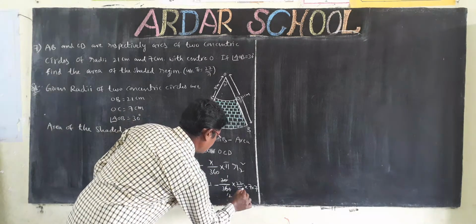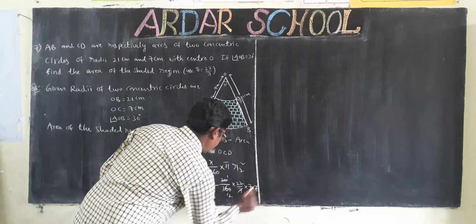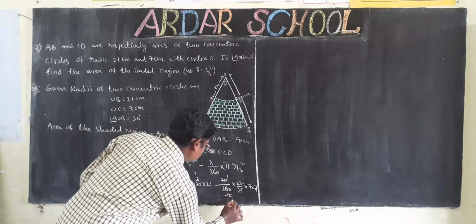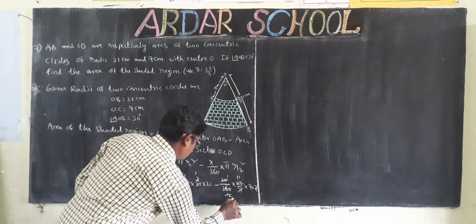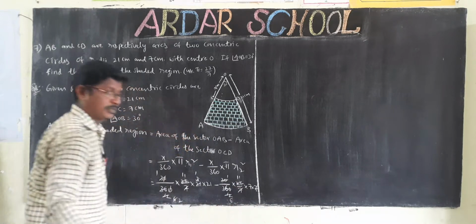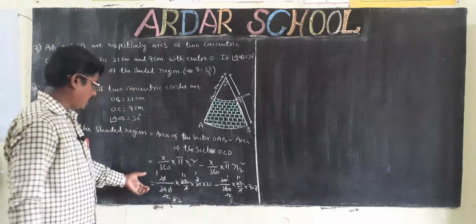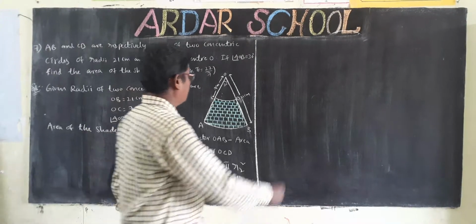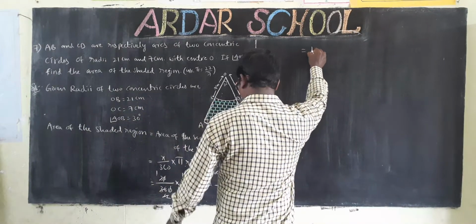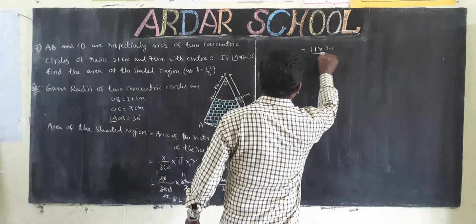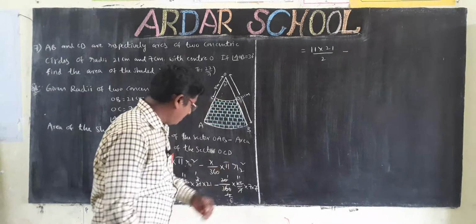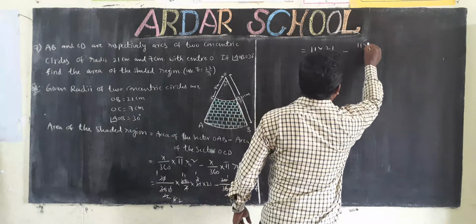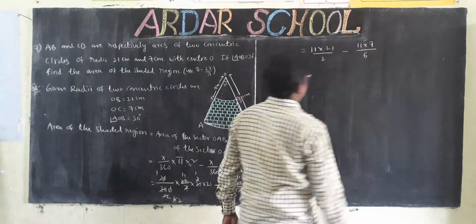Here 7 ones are 7, 2 sixes, 2 elevens. The remaining is 11 into 21 by 2 minus 11 into 7 by 6.